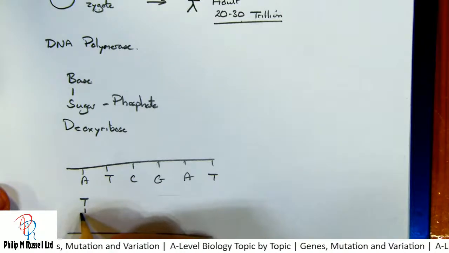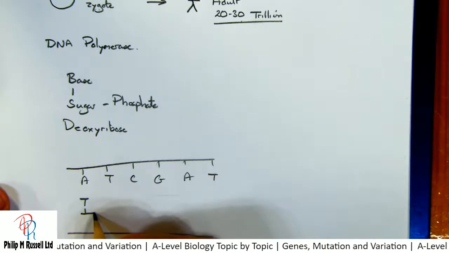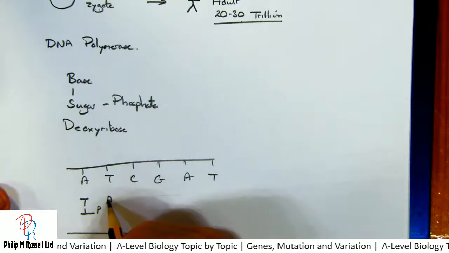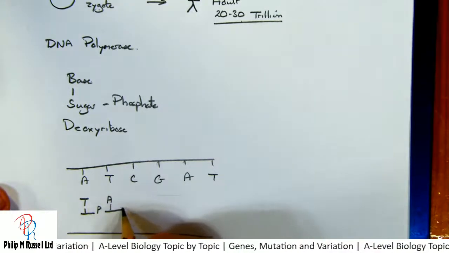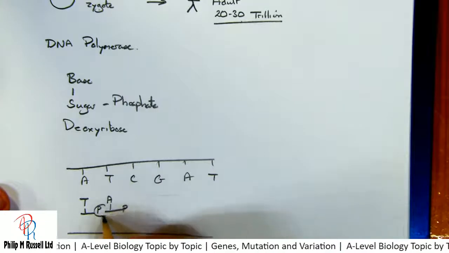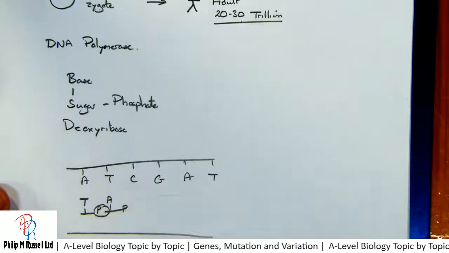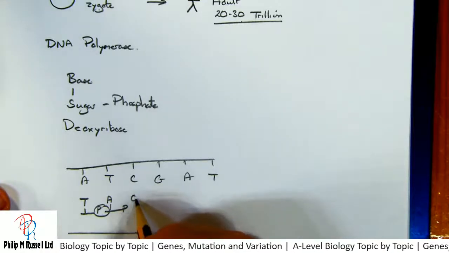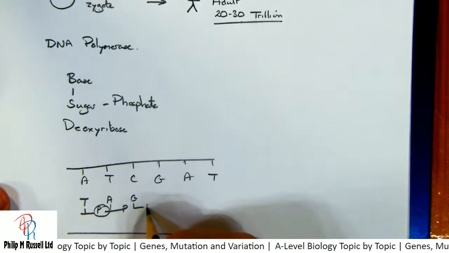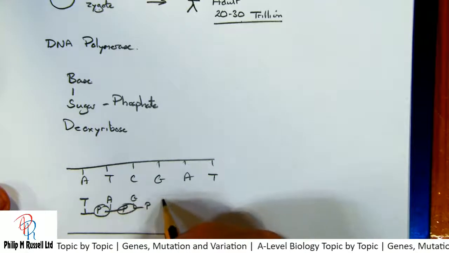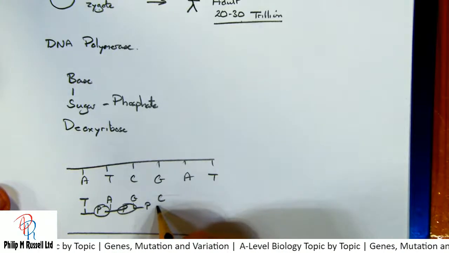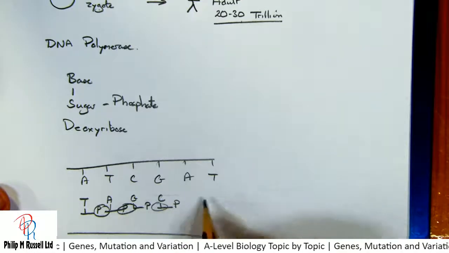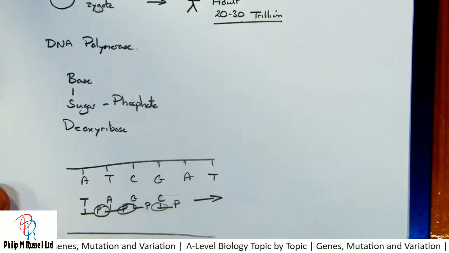So I've got my sugar with my phosphate, and I bring in a new one of these with its sugar and its phosphate, and we join those together, and the enzyme does that. As it joins all of these together, it's moving nicely in this direction.